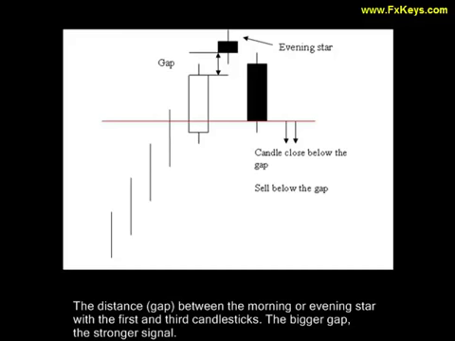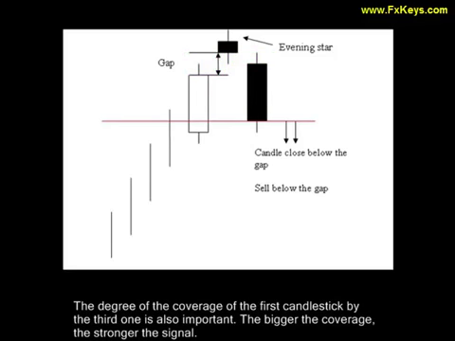The bigger the gap, the stronger the signal. The degree of the coverage of the first candlestick by the third one is also important. The bigger the coverage, the stronger the signal.